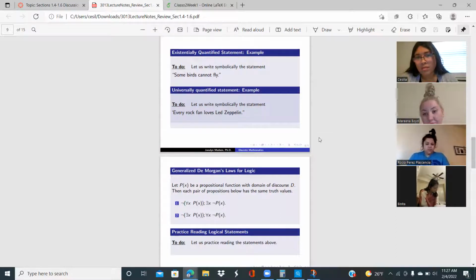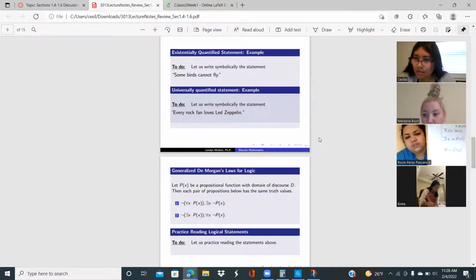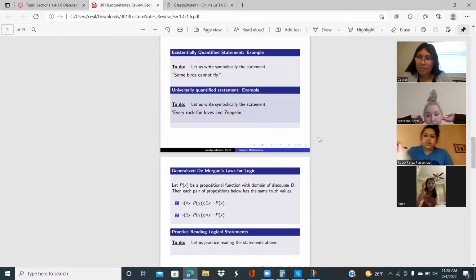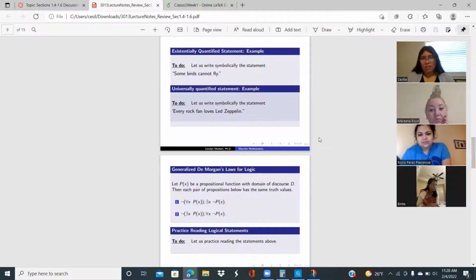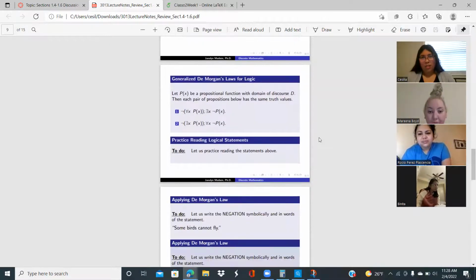And it's every, so it'll be that upside down A, for all X, P of X. So for all rock fans, they love Led Zeppelin.